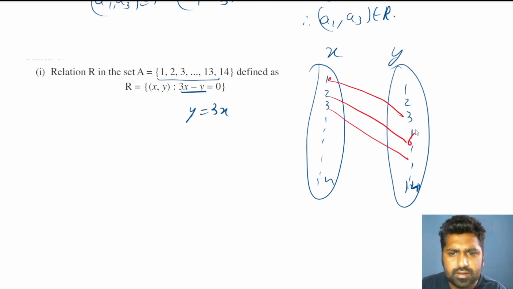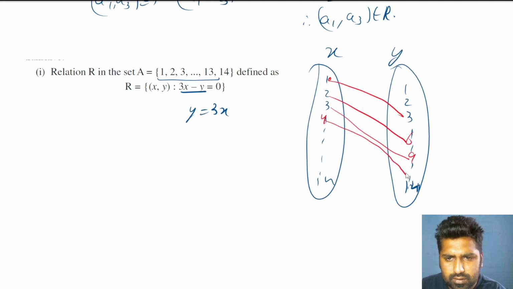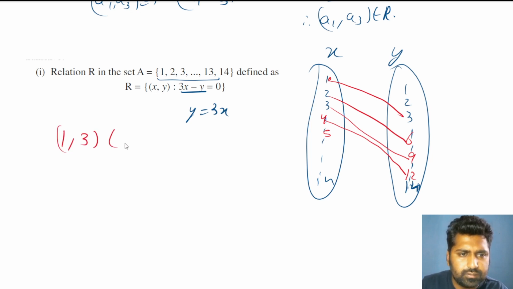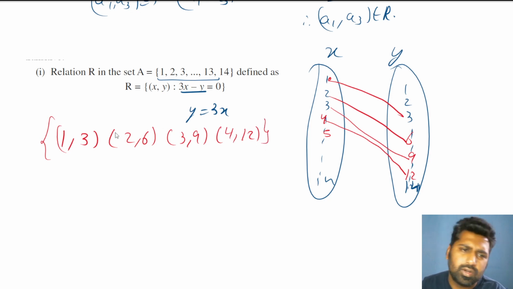For 3, 9, 4 will get 12, and 5 we should get 15, but the problem is 15 is not present. It's only from 1 to 14. So I got the elements as 1 comma 3, 2 comma 6, 3 comma 9, 4 comma 12. You can do either from the diagram or by writing like this also.